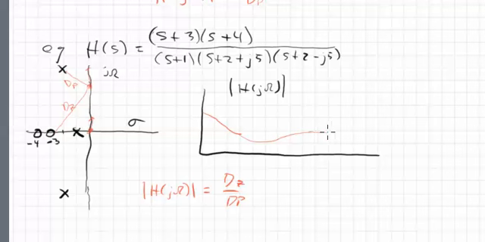So what we get is a broad response because the pole is far away from the j omega axis. And here we get more of a sharp one. I don't show it as very sharp, I should have shown it a little bit sharper, because the pole is close to the j omega axis. And the last thing is, as we go out to infinity, note there are more poles than there are zeros.